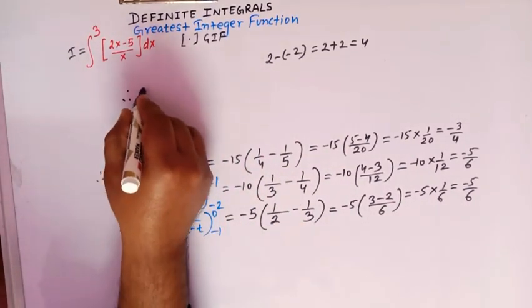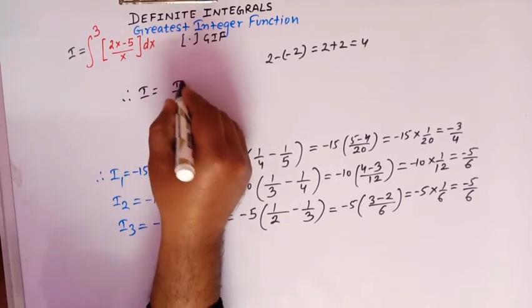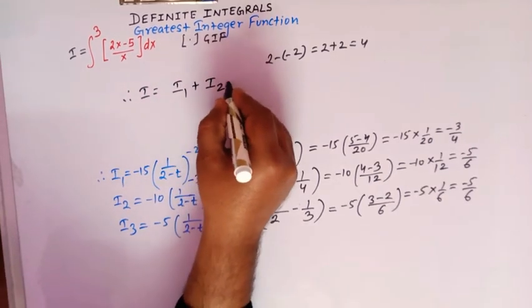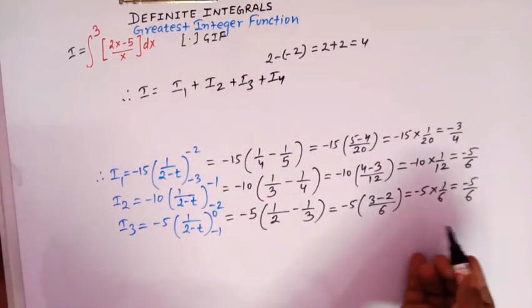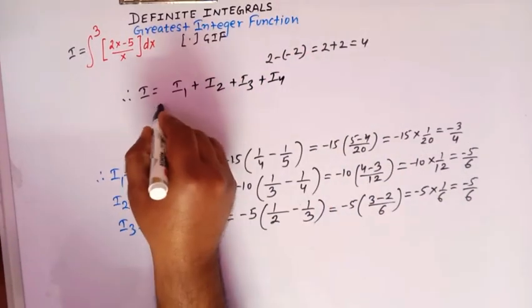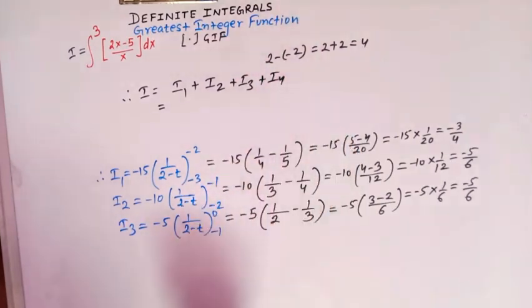Therefore I is equal to I1 plus I2 plus I3 plus I4, and because I4 was 0, it is not going to affect our integral.